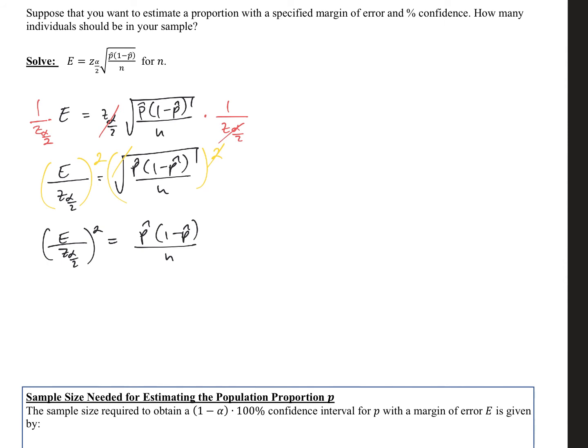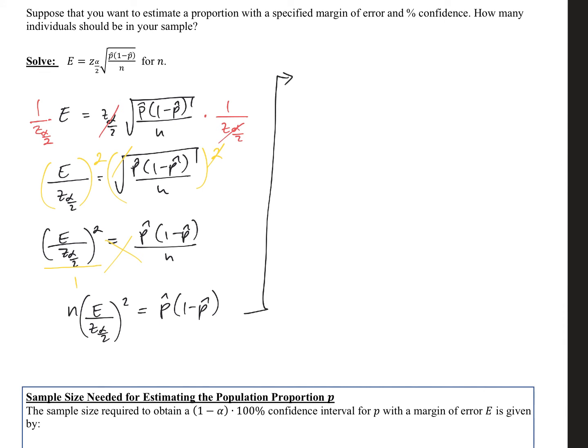Well, let's cross multiply. This is technically over 1, so cross multiplying, we'll end up with n times e divided by z alpha over 2, squared, equal to p-hat times 1 minus p-hat. We still haven't successfully solved for n.